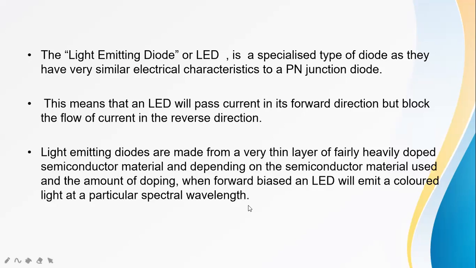You might have seen many LEDs with different colors: green, red, yellow, white. These colors differ depending upon the semiconductor material used as well as its doping levels, so the emitted light will vary.